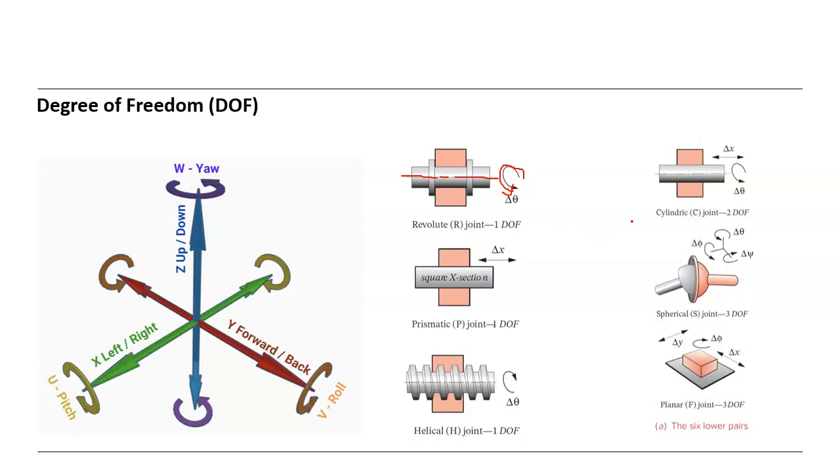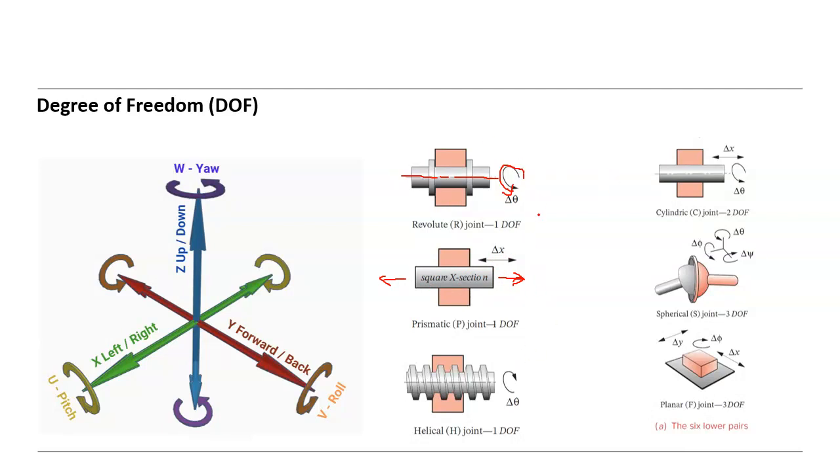And the other here is the prismatic joint. It undergoes a translation like this, in that direction, as shown by delta x.